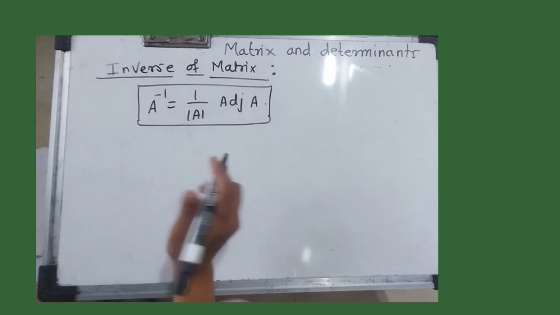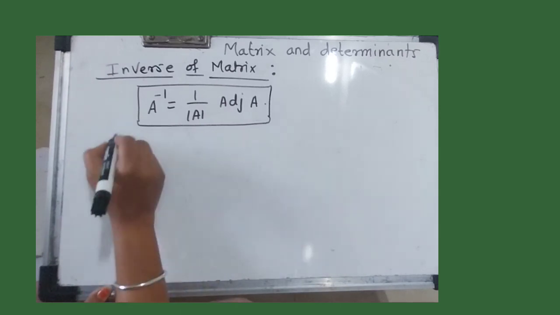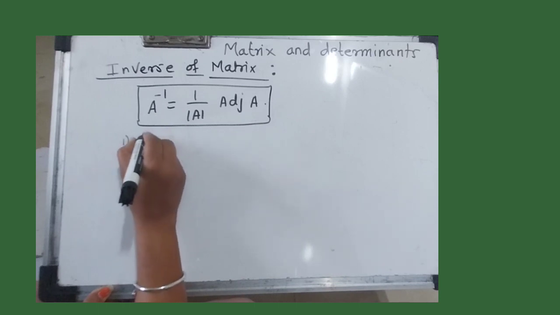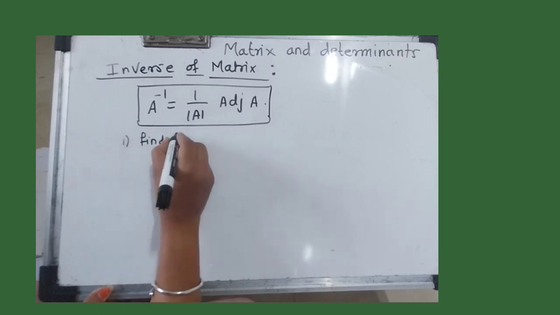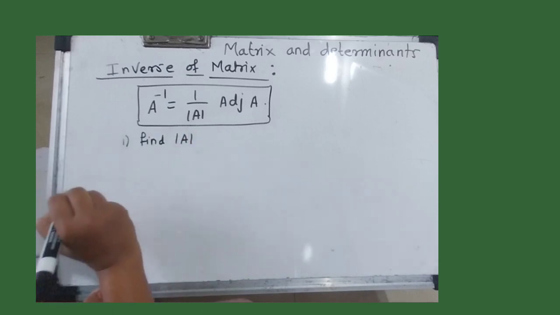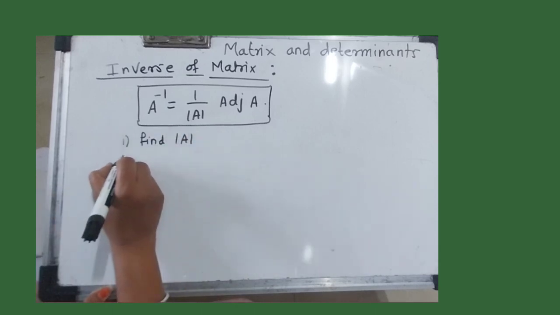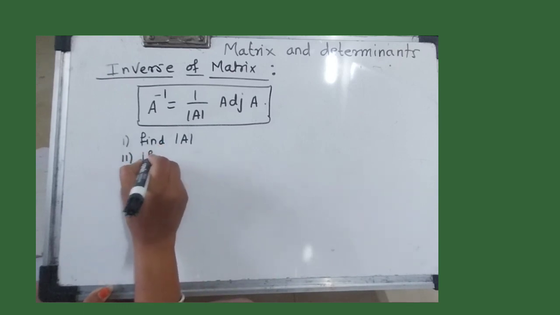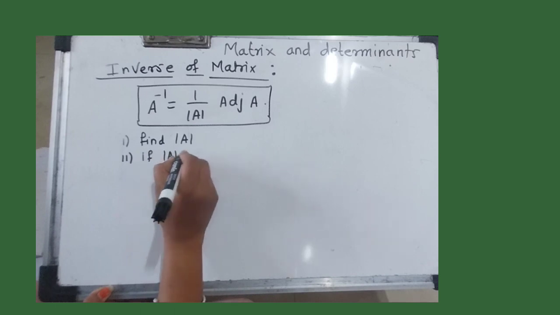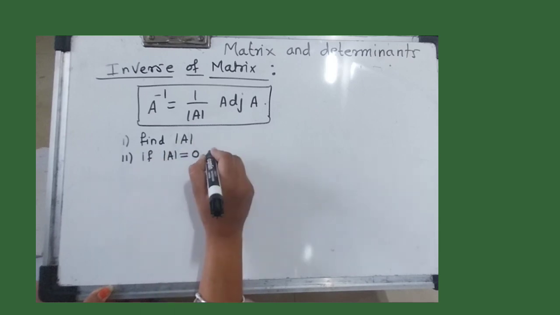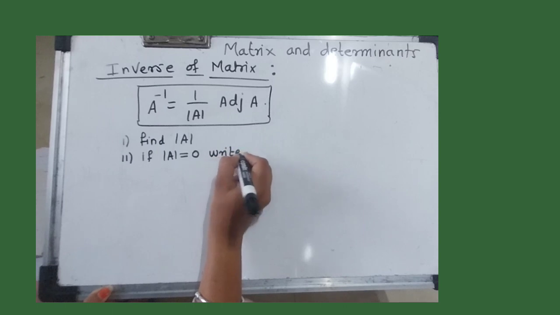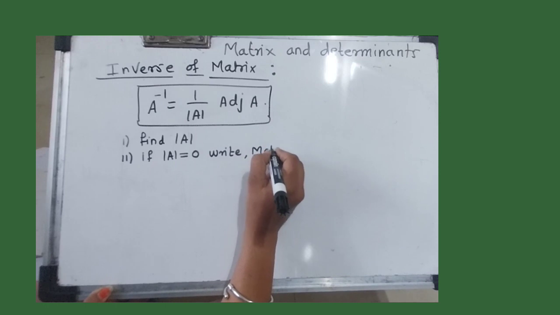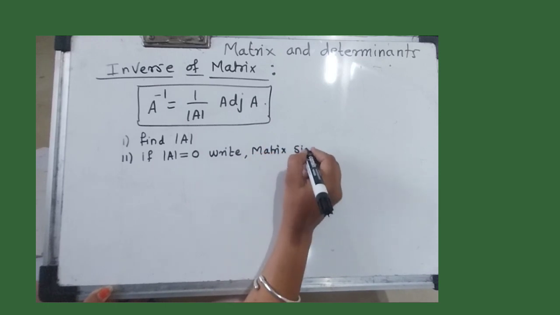See, there are some steps to find the A inverse. First step, find determinant of A. Second, if determinant of A is equal to 0, write given matrix is singular matrix.